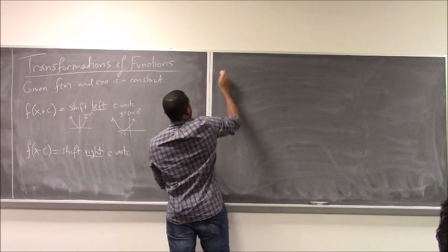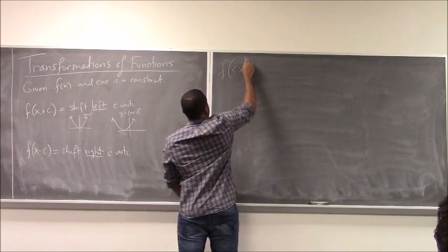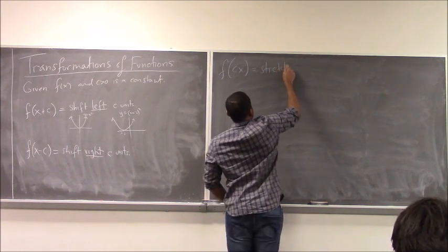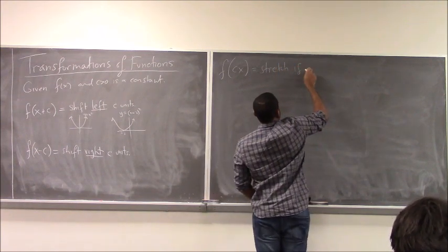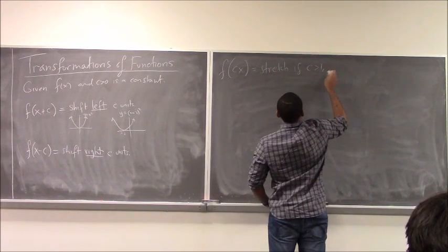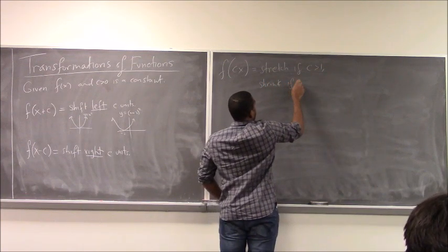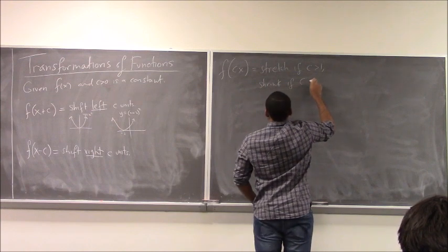So if you're doing something like f of cx, this is a shrink if c is bigger than 1, and a stretch if c is less than 1.